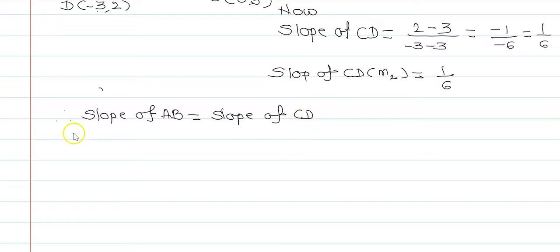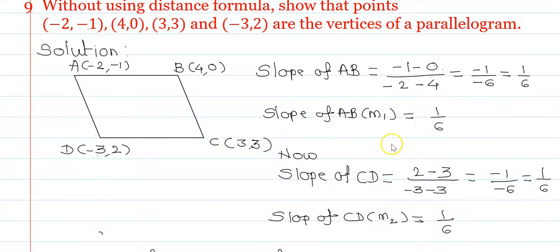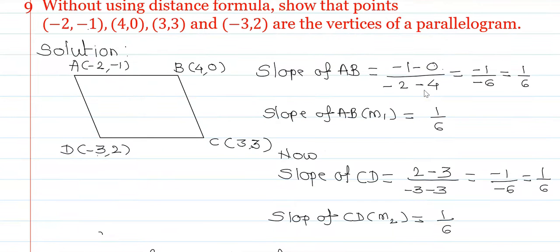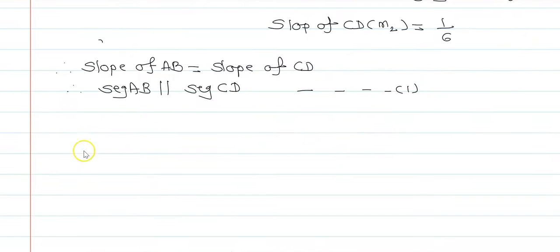Therefore segment AB is parallel to segment CD, and this is the first one.